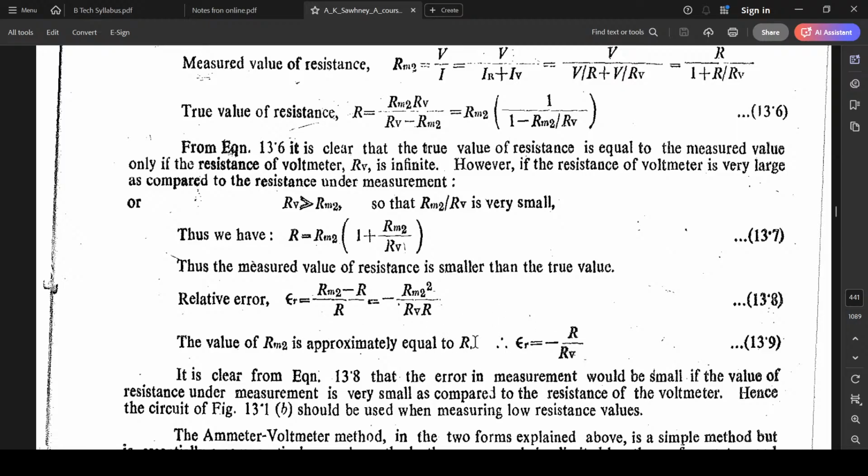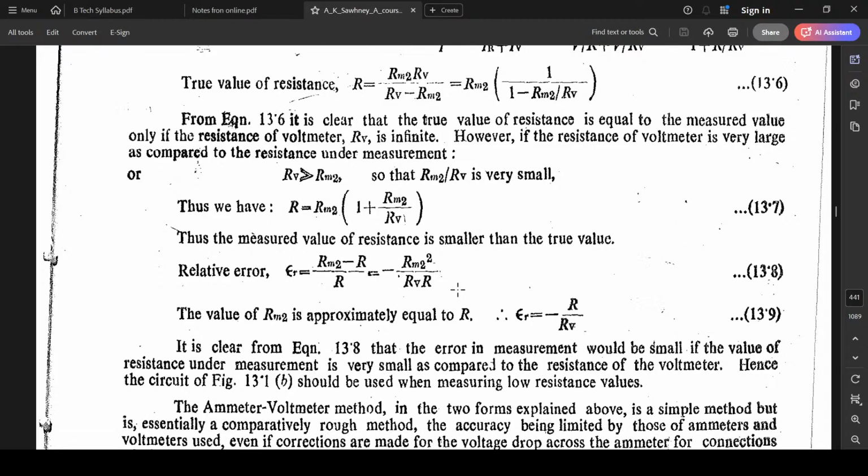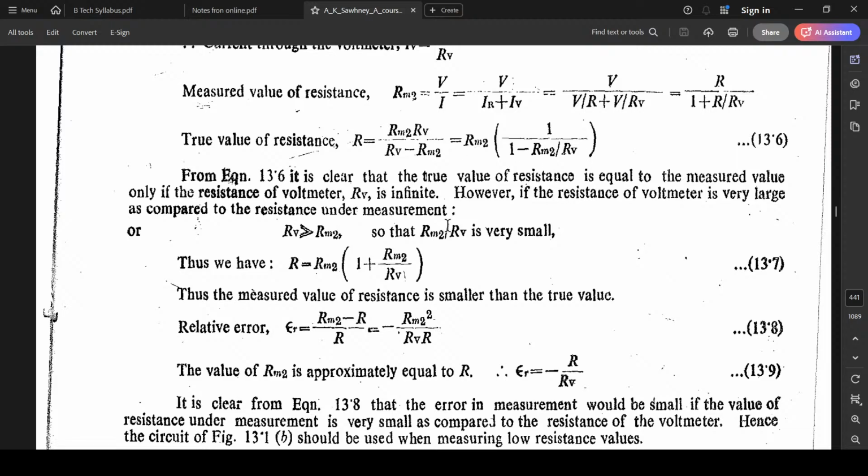And if R2 becomes R, so this R square cancels out, R upon RV minus. What does it say, minus? Okay. Mhm. How do we get here? 1 upon very small. So 1 minus 1 upon 1 minus 0. 1 upon 1 should be just R2.